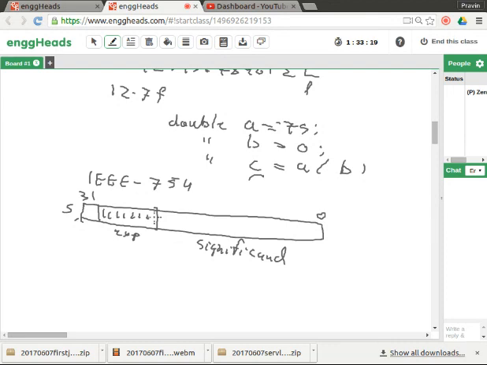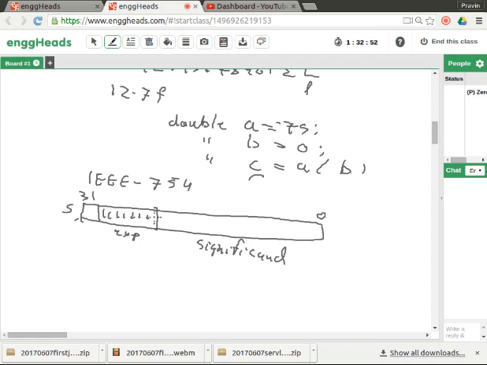So in case you have all exponent bits as 1s, then let's look at the cases. What we have here is representations for infinities. So infinity is something which can be represented with a float or a double type. So when you have a division by 0, it could be a positive infinity, a negative infinity. Okay, then it can be stored.